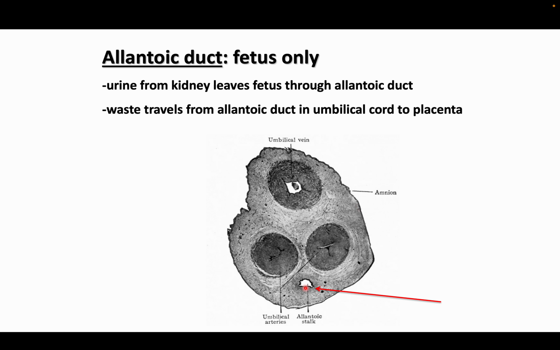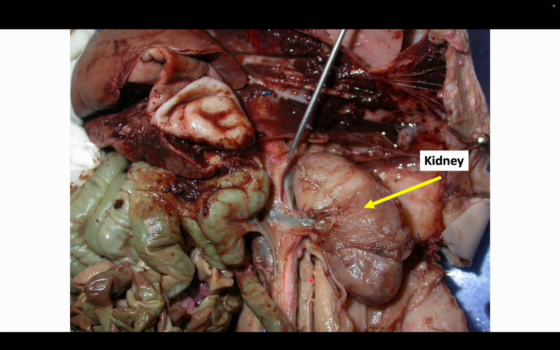And if you see here, there's a structure called the allantoic stalk, also known as the allantois, also known as the allantoic duct. This is the portion in the placenta where the waste from the fetus is transported from the fetus to the placenta.